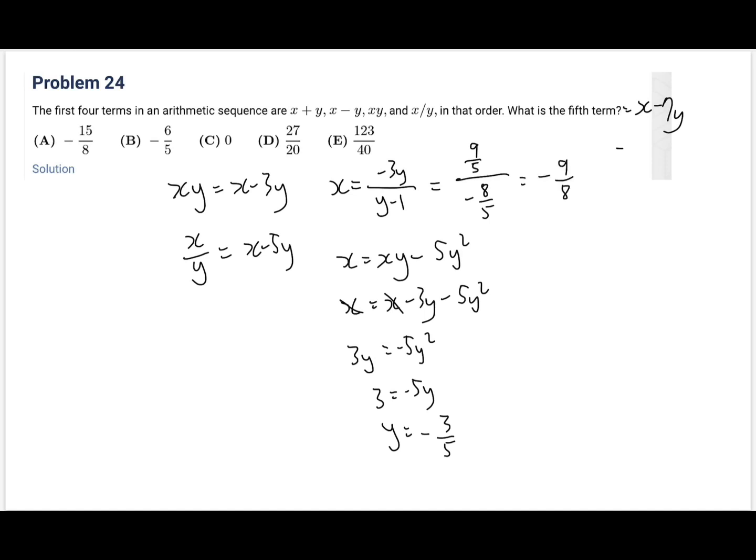And so x minus 7y, this is minus 9 over 8 minus 7 times y, so it's plus 21 over 5. This is 168 minus 45 over 40. So this is 123 over 40. So the answer is E.